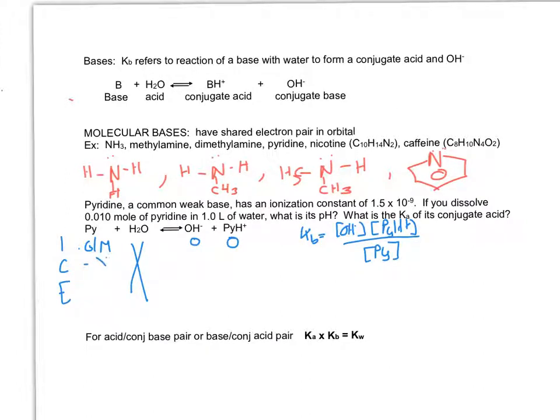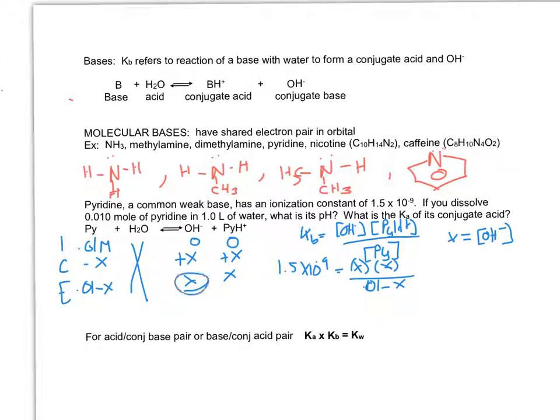Since I'm not given any other numbers, I'm going to use x's. So minus x, plus x, plus x: 0.01 minus x, x, and x. And so 1.5 times 10 to the negative ninth is equal to x times x over 0.01 minus x. My x in this case is actually my OH minus concentration, not my H plus.